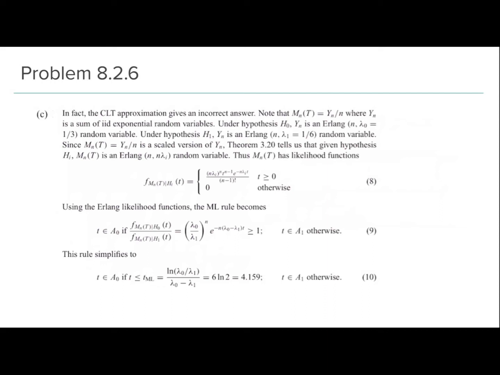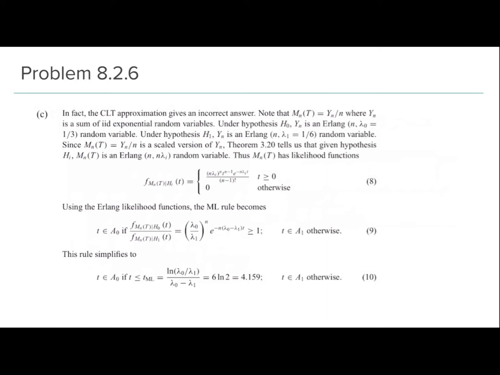And we know that the sum of IID exponential random variables is an Erlang random variable, right?